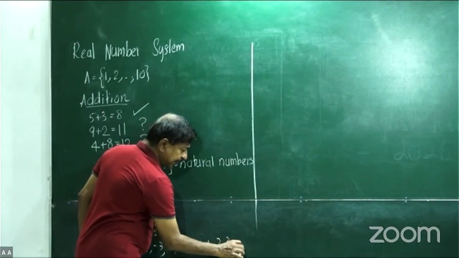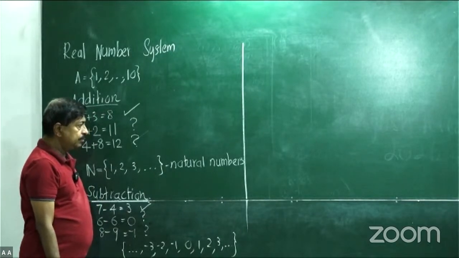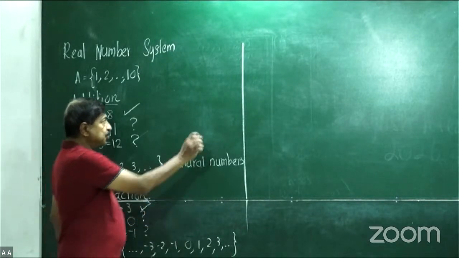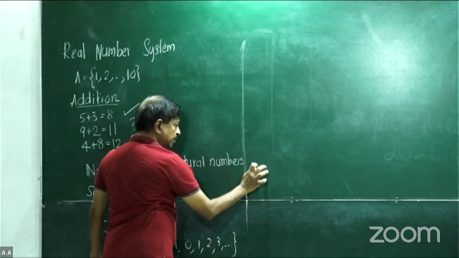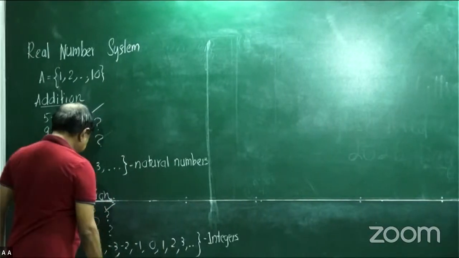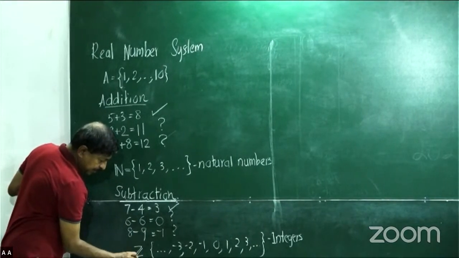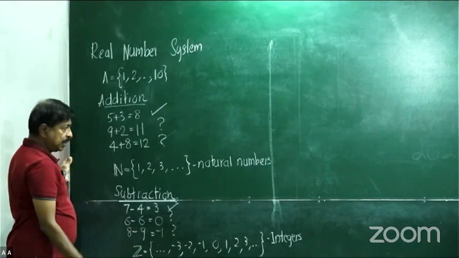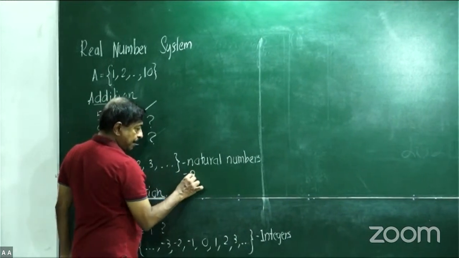This is called the set of integers. Integers, the set of integers, are denoted by this. Now you can identify this one as the set of positive integers.